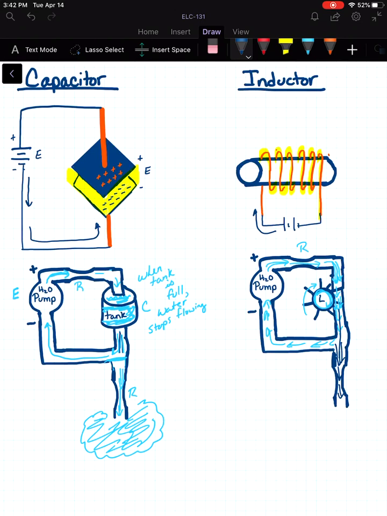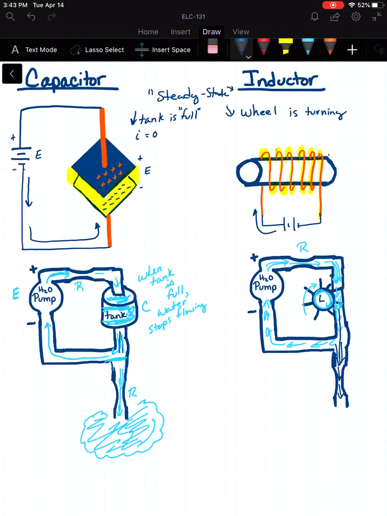So once we reach what we call steady state in DC, that means for the capacitor, the tank is full, or it's no longer charging, and there's no current flowing in the circuit. For the inductor, steady state means that the wheel is turning at whatever pace it needs to keep the current going.